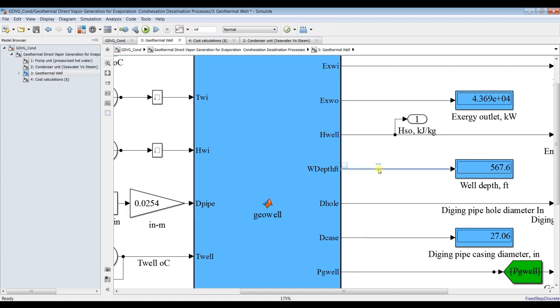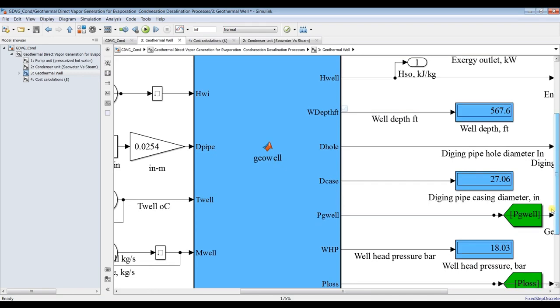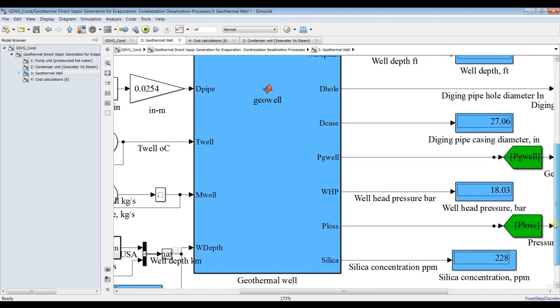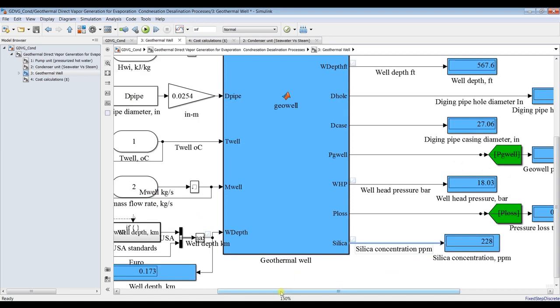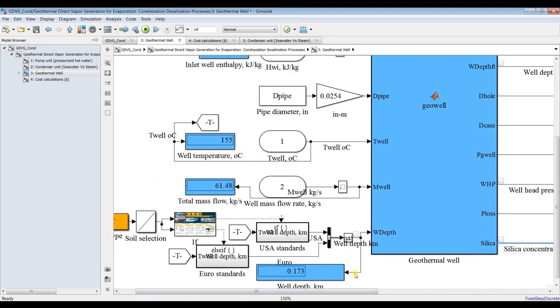Remove this column: hole diameter, casing, wellhead pressure. Let's assign this one, silica concentrations, and well depth. I have to write here well depth in kilometers.